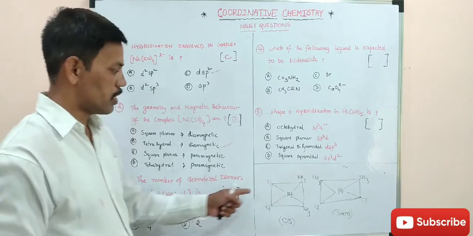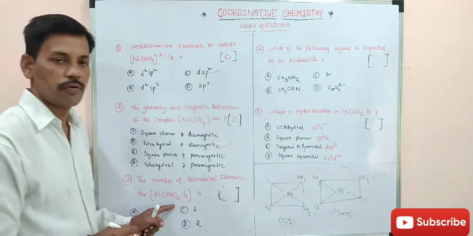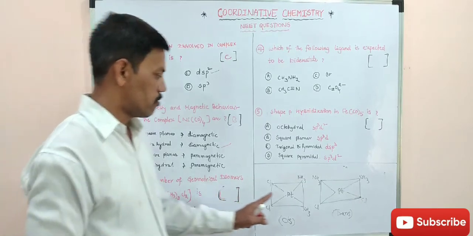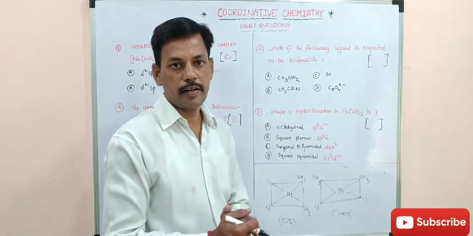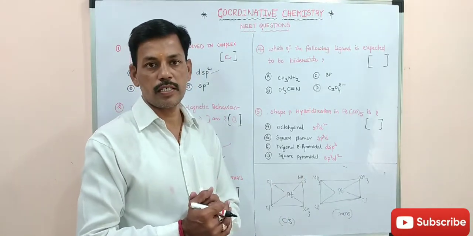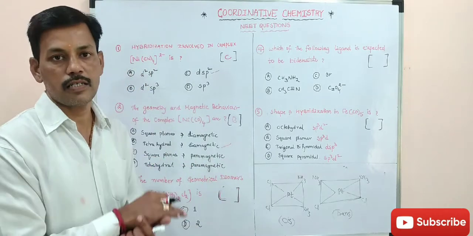So if we discuss here, the structure of this diamino dichloroplatinate is quite planar, and this structure has two types of isomers, cis isomer and trans isomer.